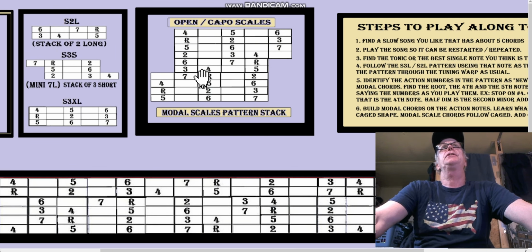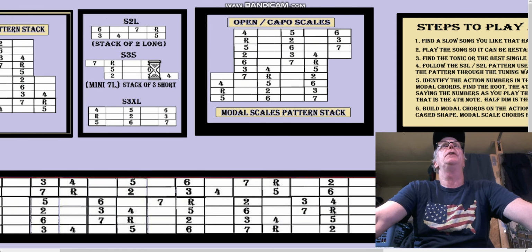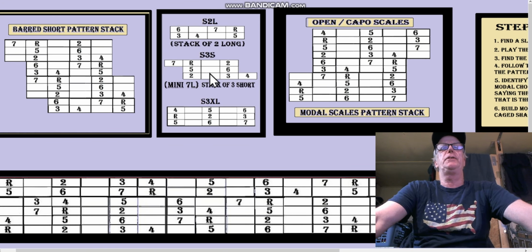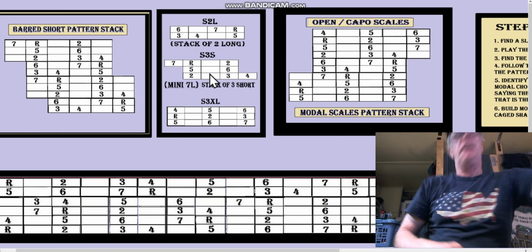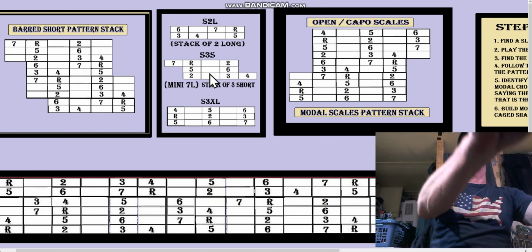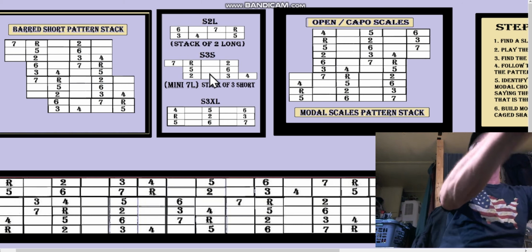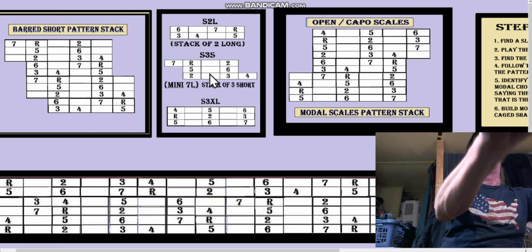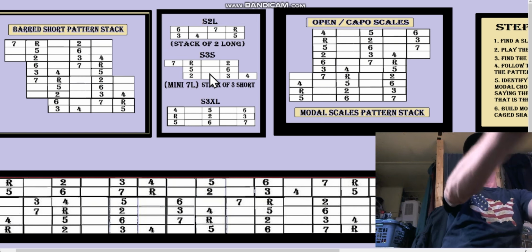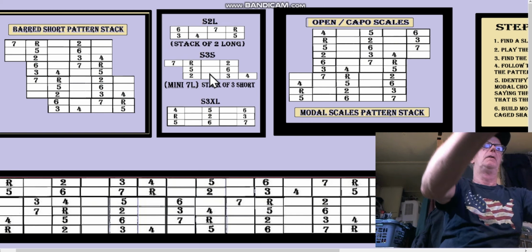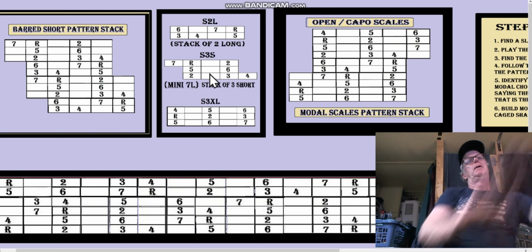Okay, so let's just say that we have our root note, but that's all we have in this song is a root note, and there they are playing circles around us. Well, I messed that up.